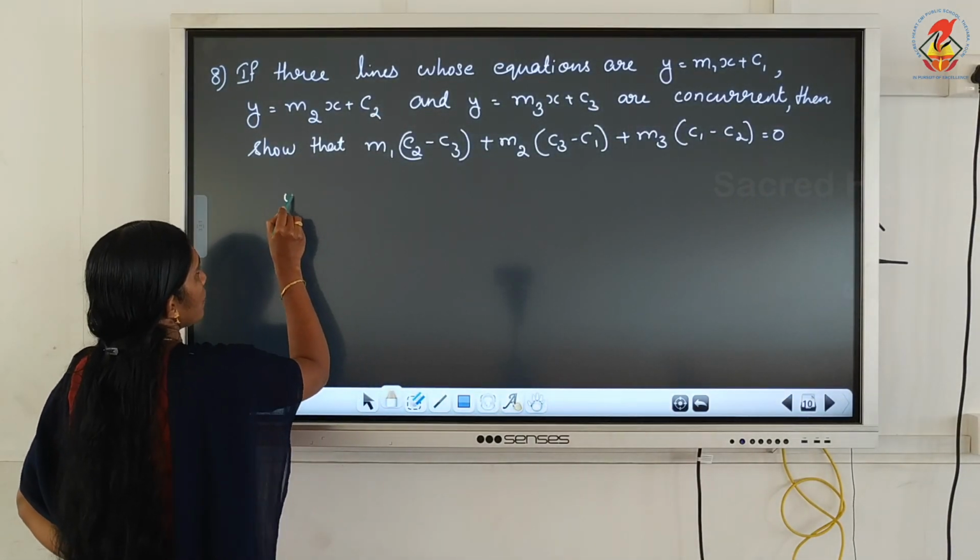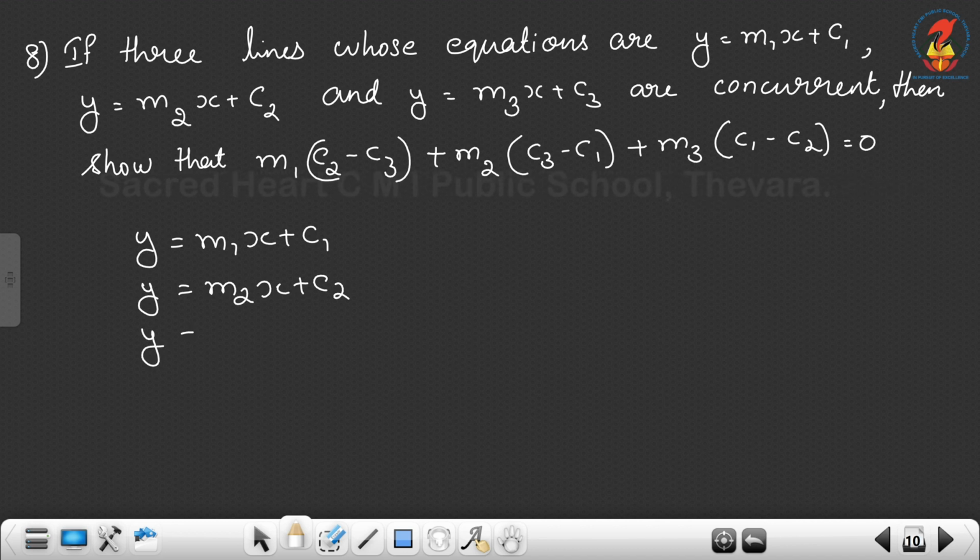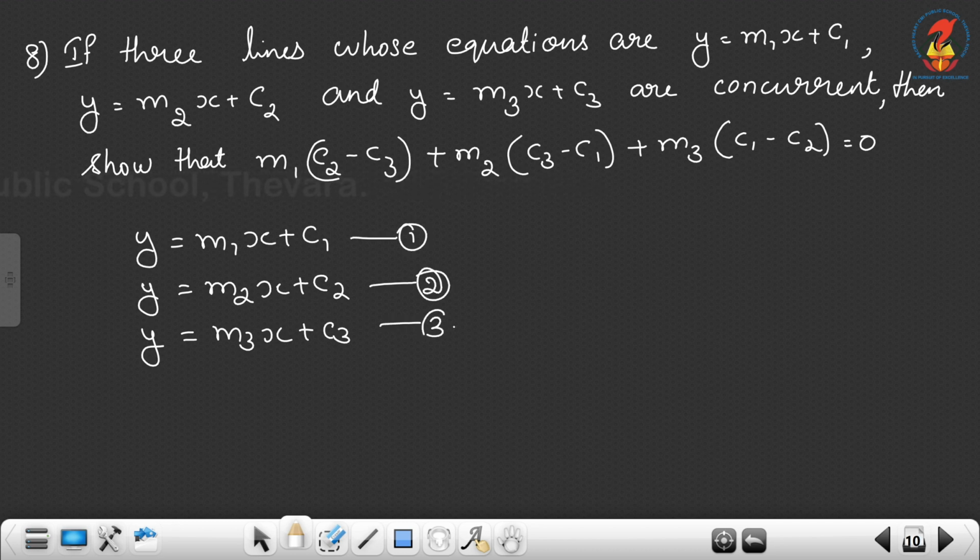So we take the first two equations: y is equal to m1x plus c1 is the first equation, y is equal to m2x plus c2 is the second equation, and y is equal to m3x plus c3 is the third. First we solve 1 and 2. The left sides are equal, both being y, so we can equate the right-hand sides.